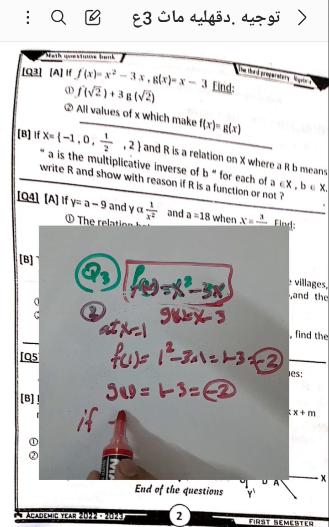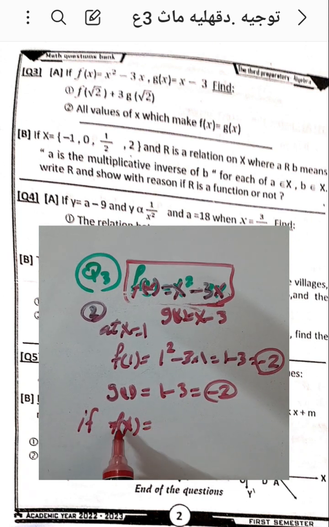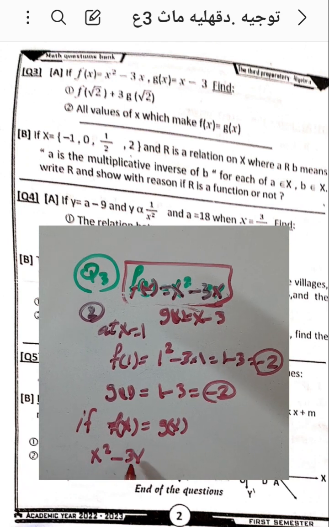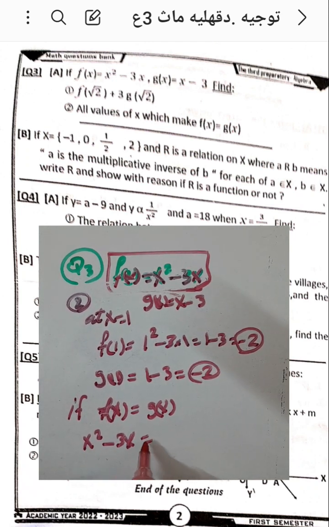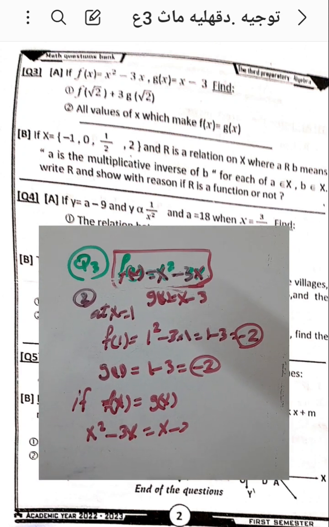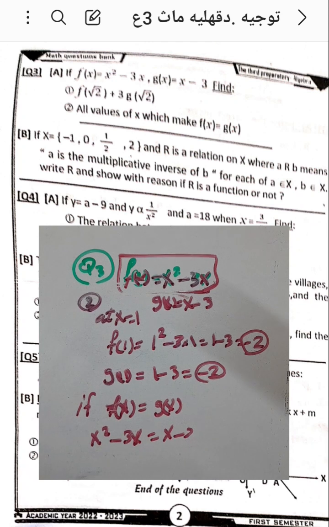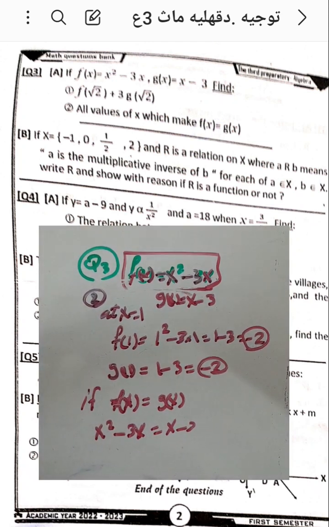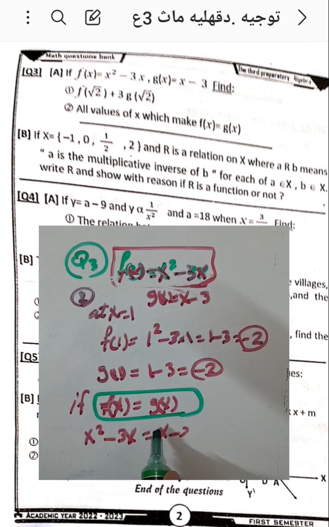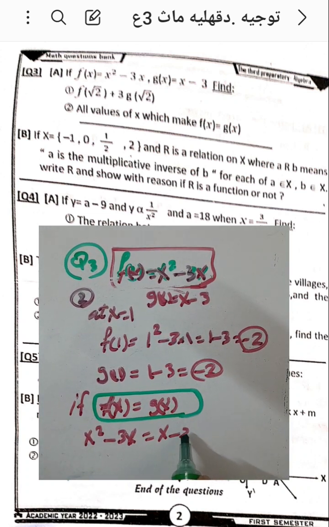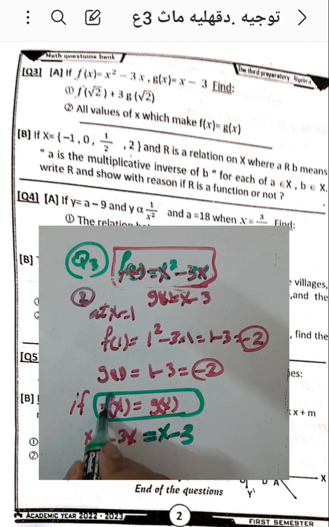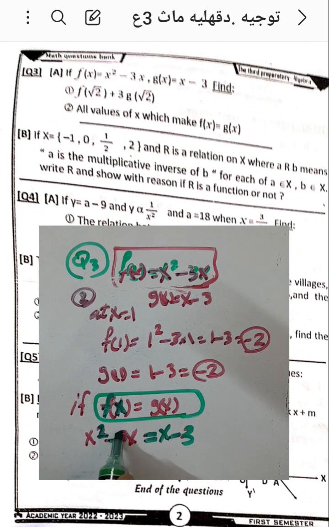Okay, and then if we put f of x equal g of x, then x power 2 minus 3x will be equal to x minus 3. Again, to find all values of x that make f of x equal g of x, put f of x equal g of x. Okay, and then simplify. g of x equals x minus 3 and f of x equals x power 2 minus 3x.